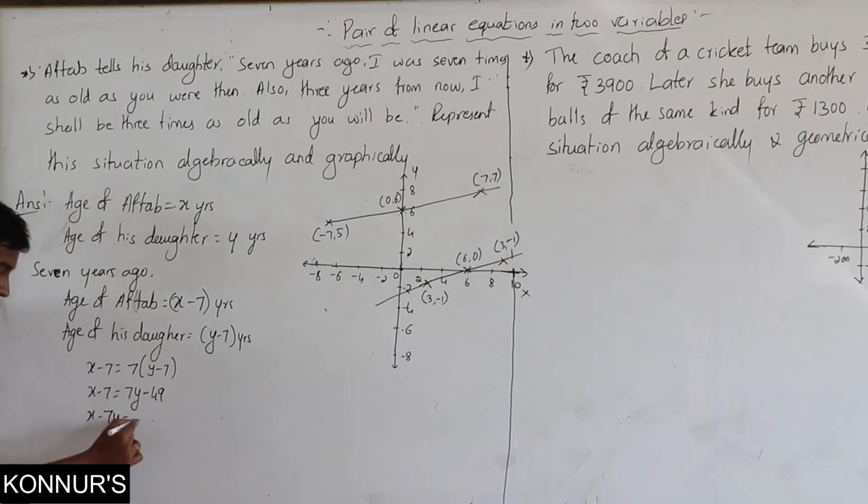This minus 49, keep it as it is. And take this minus 7 to the right side, it becomes plus 7. So x minus 7y is equal to minus 49 plus 7, which is minus 42. So the first linear equation is x minus 7y is equal to minus 42.